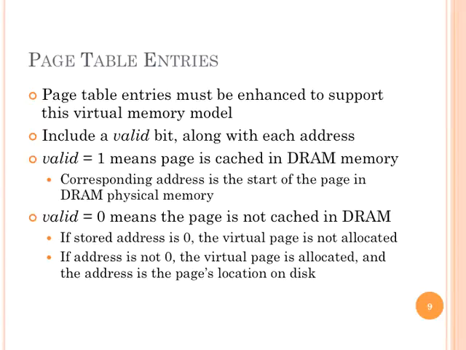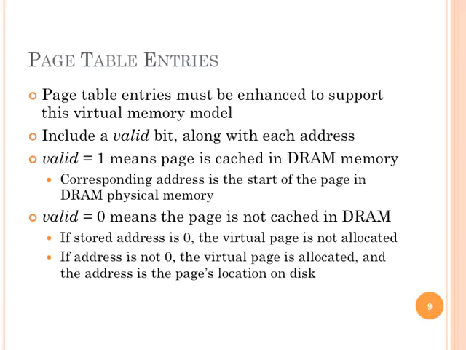Now you'll notice that we have a new thing. Because we still have the physical page number field, we still have to have something in there. And so we have a couple of options now. If valid is 1, that address can be used directly by the MMU to do the address translation. But if valid is 0, we can still use that address to represent something else. And this is what operating systems do.